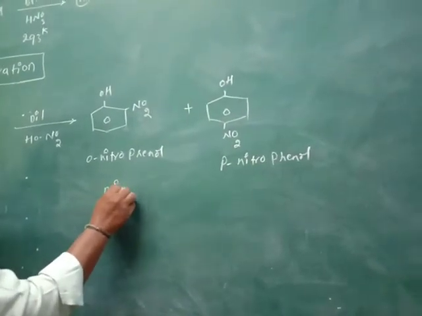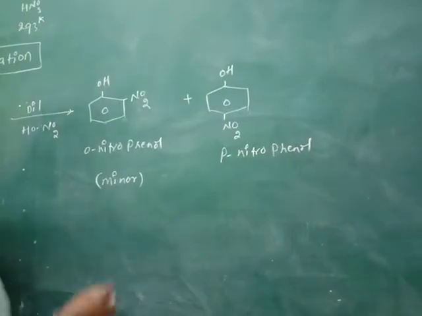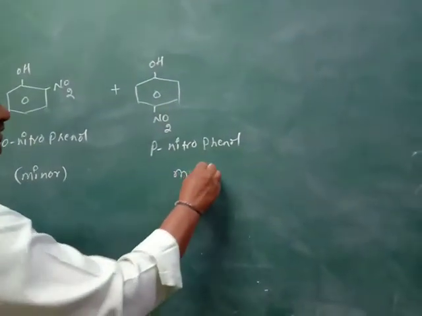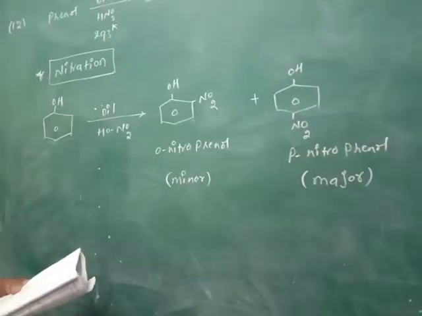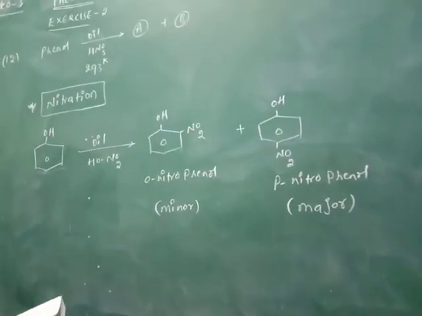Orthonitrophenol is the minor product, paranitrophenol is the major product. The reaction is known as nitration reaction.